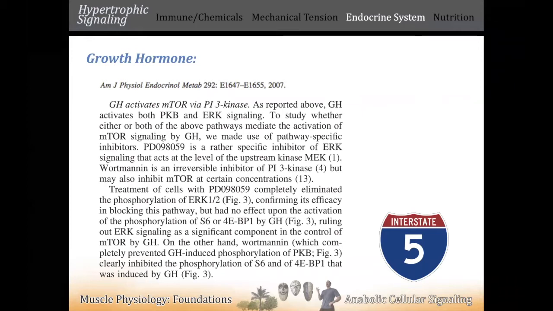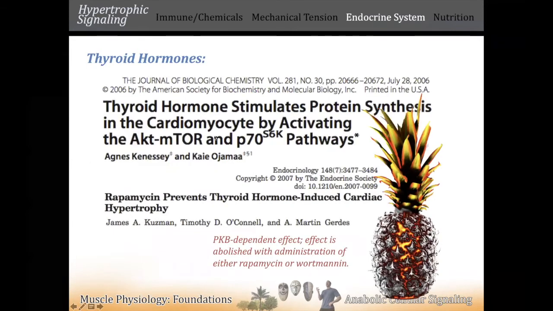So growth hormone takes the highway. Yeah, it sends a few passengers down some parallel roads. Sure, it does. But growth hormone is really putting a lot of gridlock on I-5. Its major effect is going to be going through PI3K, phosphatidylinositol 3 kinase.